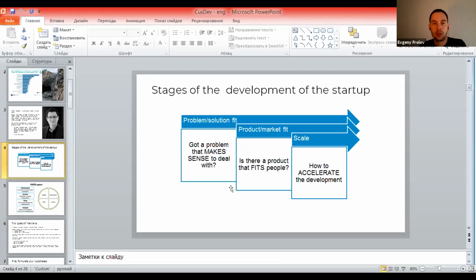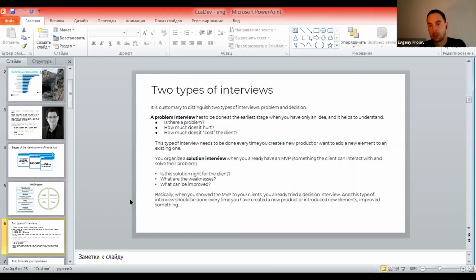So if we are talking about problem solution fit, there are two types of interview. The first type is the problem interview, the second type is the solution interview. During the problem interview, we try, as I mentioned before, to understand what our customer problems are. Is it really a big problem, and how much does it hurt? One of the crucial things is to understand how much this costs the client.